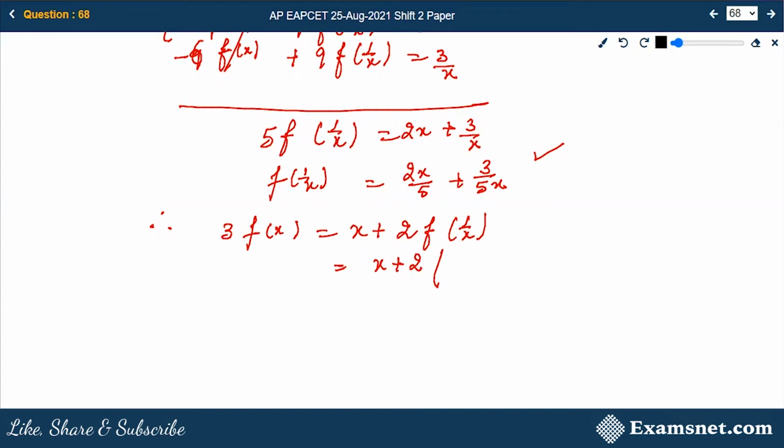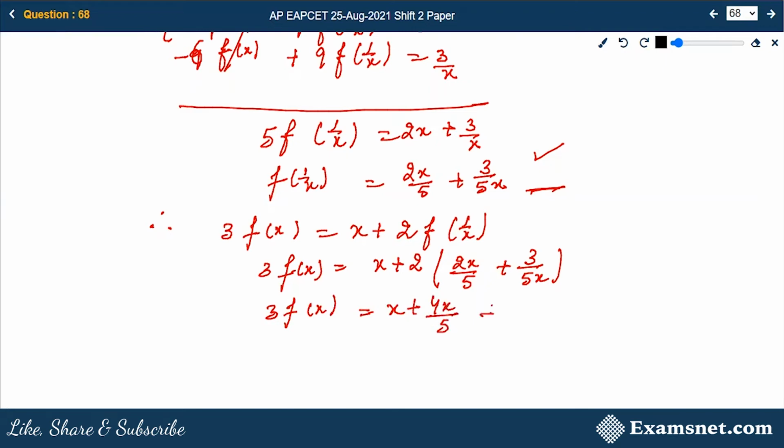This was 2x upon 5 plus 3 upon 5x, so 3f(x) is equal to x plus 4x upon 5 plus 6 upon 5x. Let's solve it further. We'll have f(x) is equal to x by 3 plus 4x by 15 plus 6 by 15x.